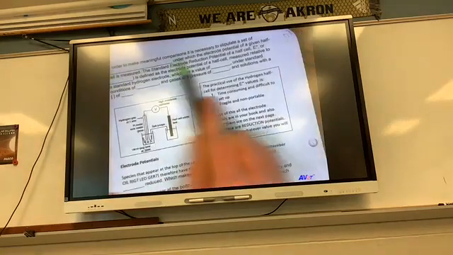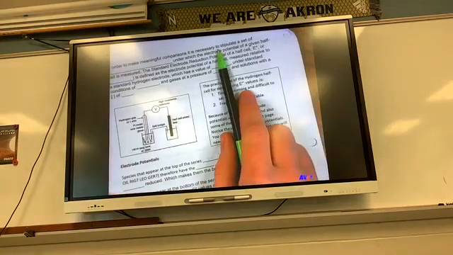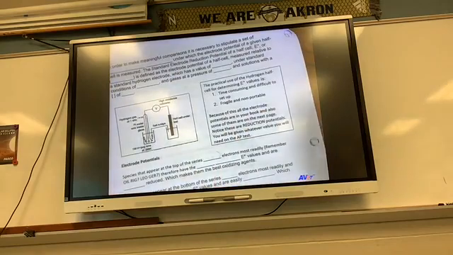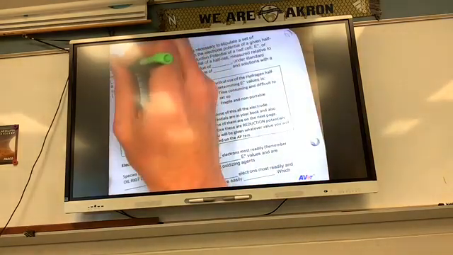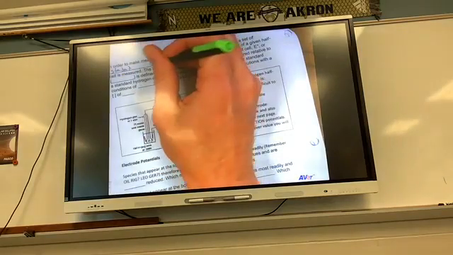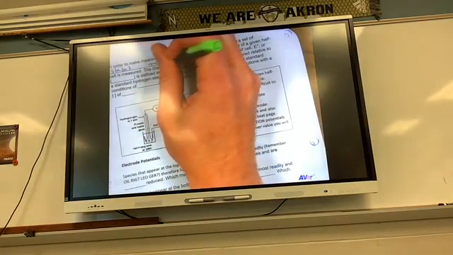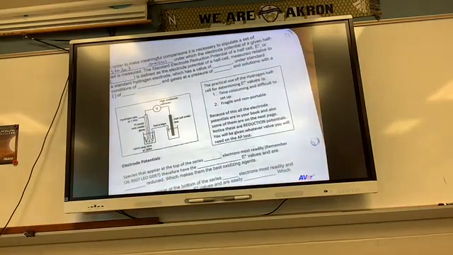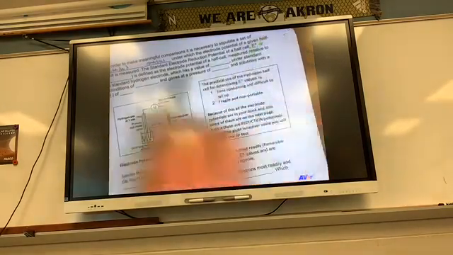In order to make meaningful comparisons, it's necessary to stipulate a set of standard conditions. So once again, standard conditions are important. Standard conditions under which the electrode potential of a given half cell is measured.